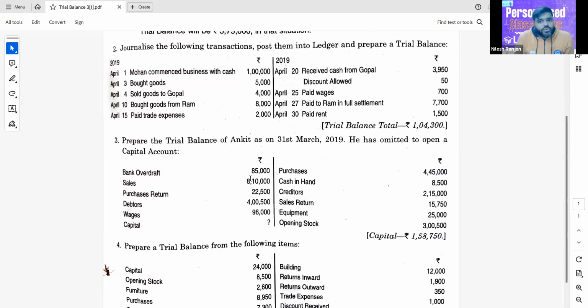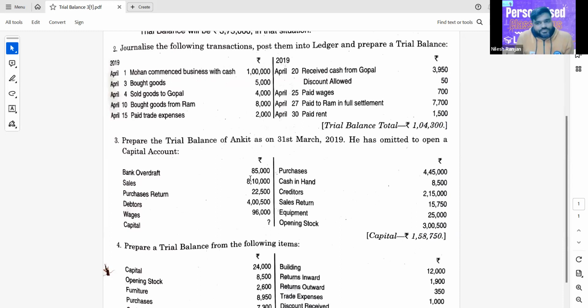So how have you decided that it is discount? Because it was full settlement. Yes, it is written that full settlement and total amount to be paid is 8,000 and we have paid only 7,700. So the balance is discount. Very good.